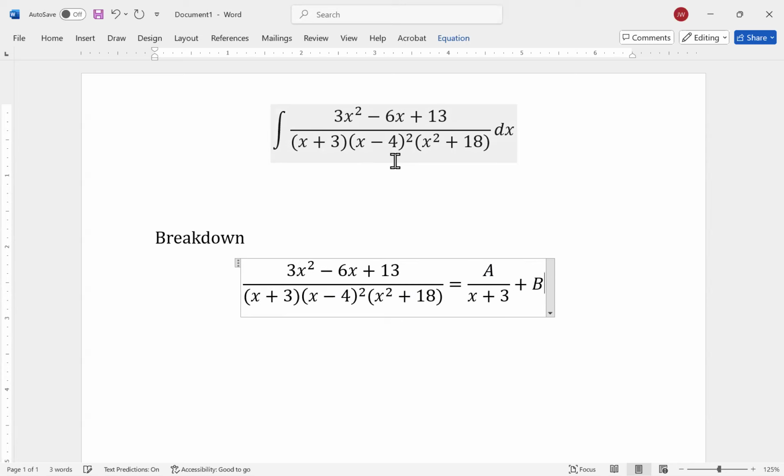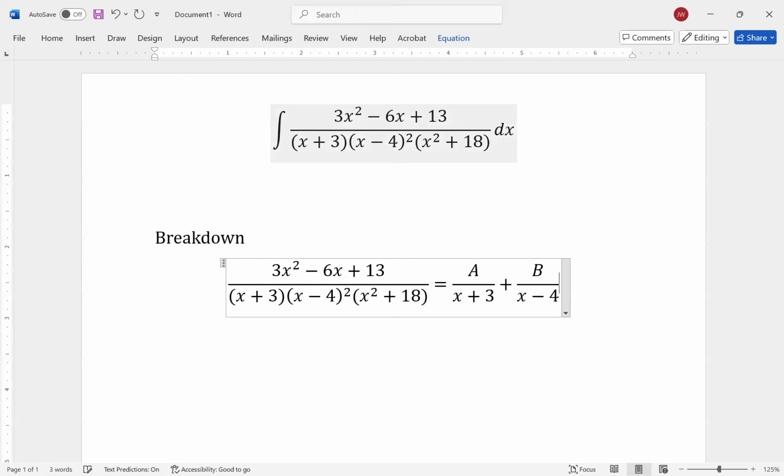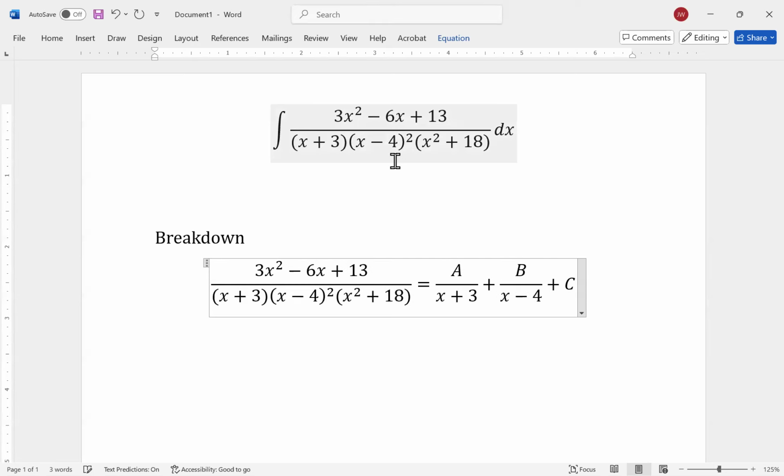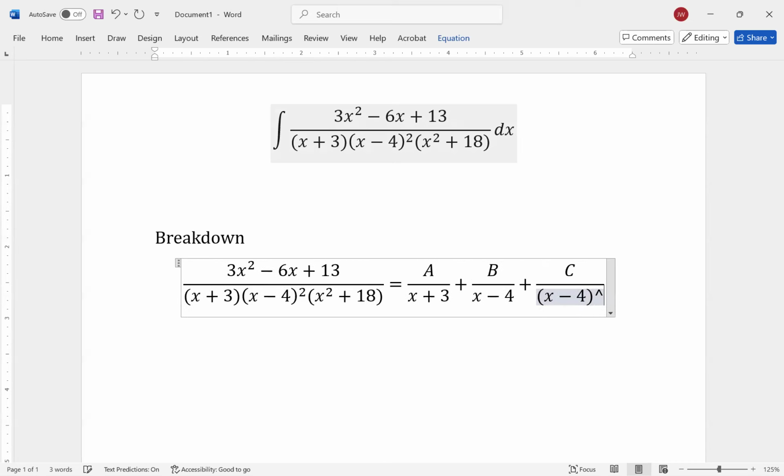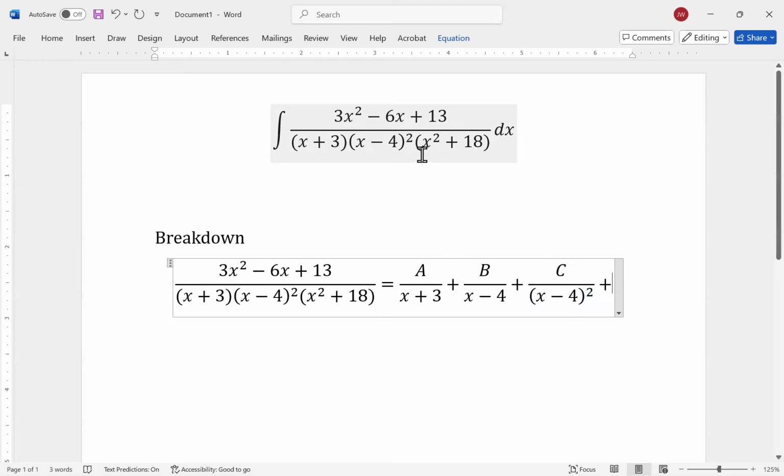So I'm going to get a b over an x minus 4, and then a c over an x minus 4 quantity squared. Since there's 2 copies of that, I'll do that. By the way, if there was a third copy, I'd have to do a d over an x minus 4 to the third power.